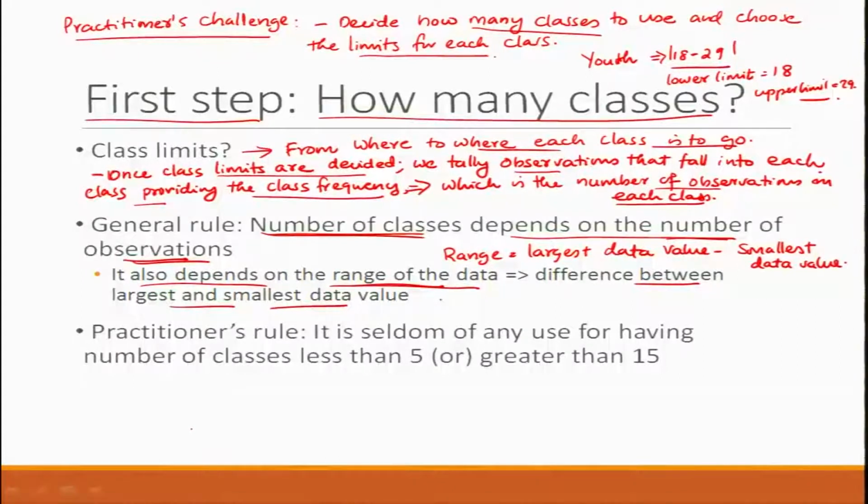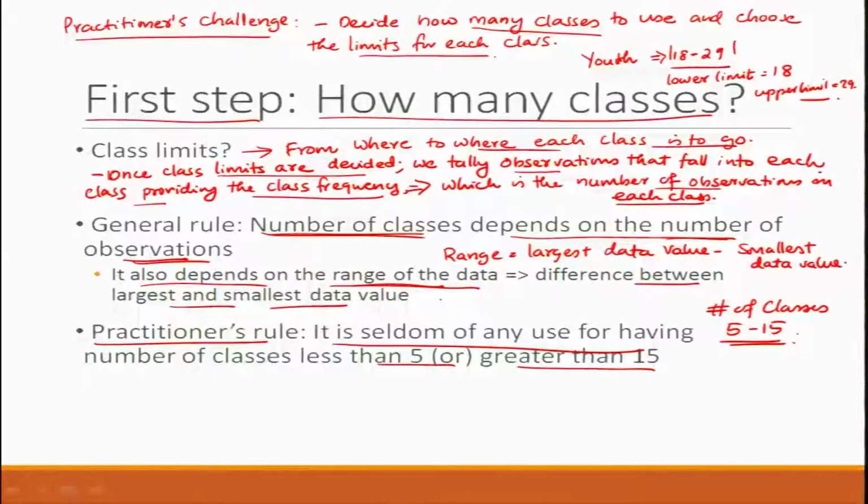The practitioner's rule is that, even though people say a lot of other things, it is seldom of any use to have the number of classes less than 5 or greater than 15. So, the number of classes is typically between 5 and 15. The minimum number of classes equals 5; less than this is not desirable.